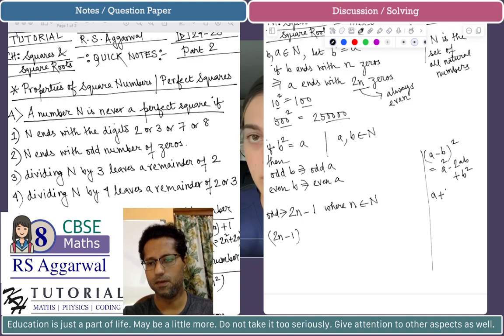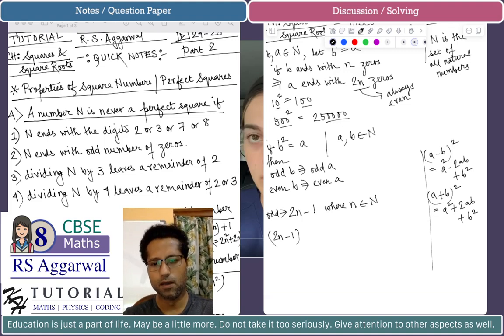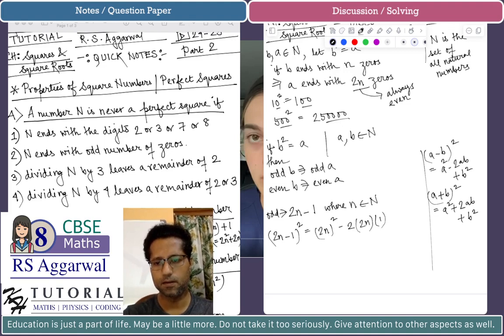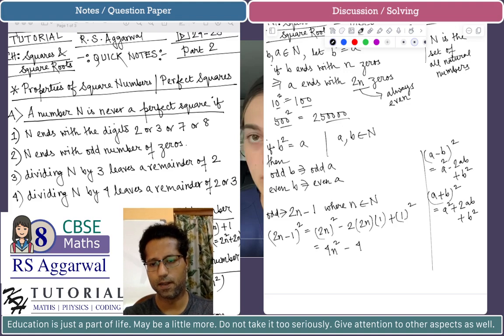Also, (a plus b) whole square is equal to a square plus 2ab plus b square. If I apply the (a minus b) whole square formula in (2n minus 1) whole square, this will be (2n) whole square minus 2 into a, which is 2n, b is 1, plus b square. So this is equal to 4n square minus 4n plus 1.